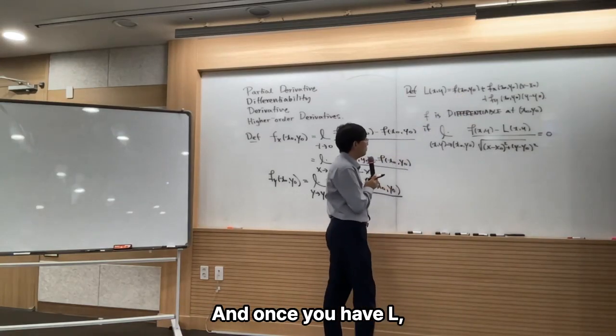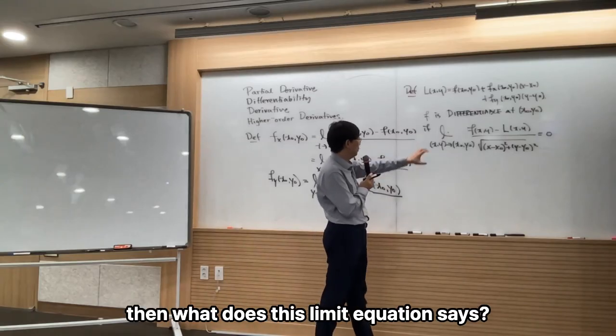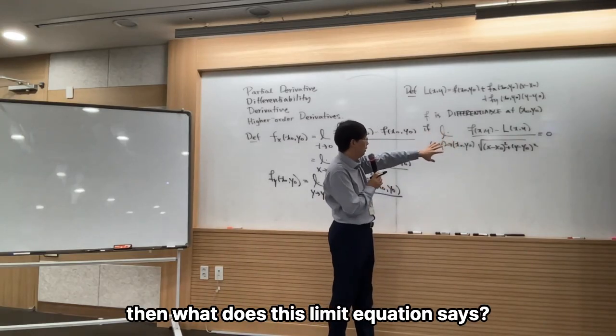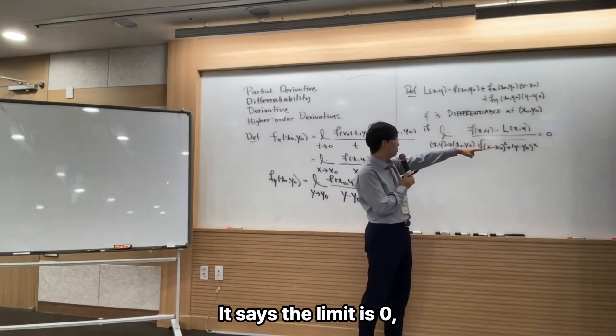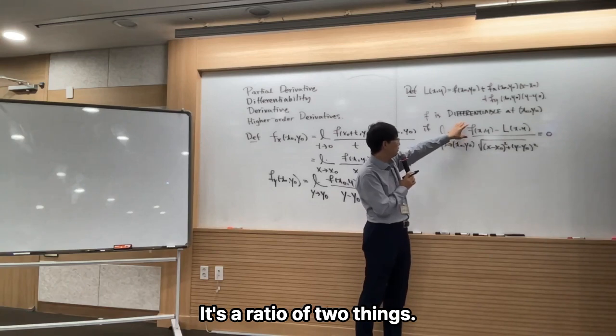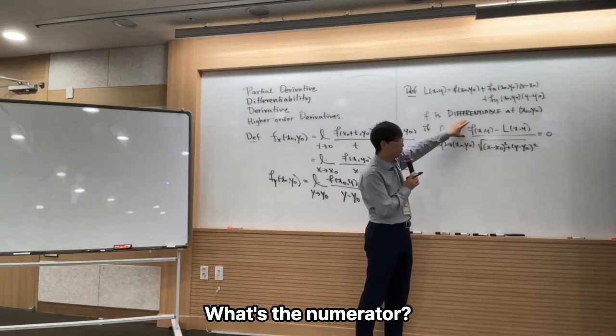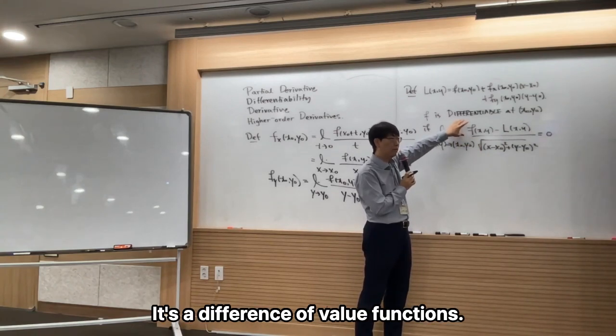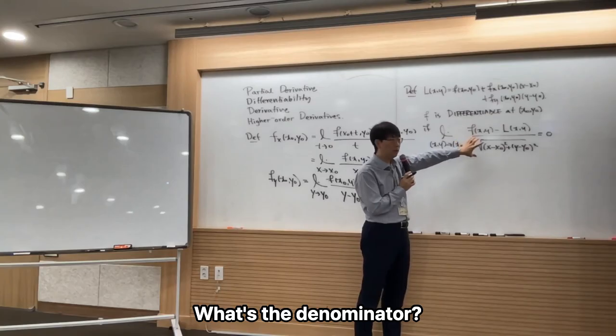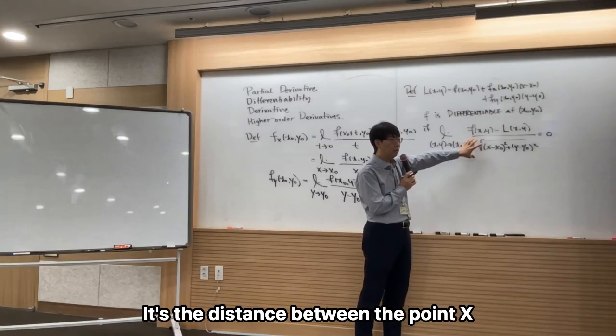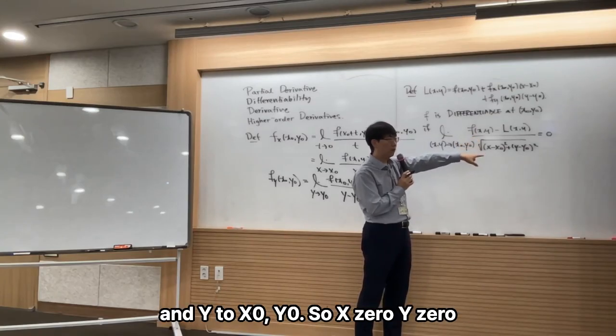And once you have L, then what does this limit equation say? It says the limit is 0. So what is this limit? It's a ratio of two things. What's the numerator? It's a difference of value of functions. What's the denominator? It's a distance between the point x and y to x0, y0.